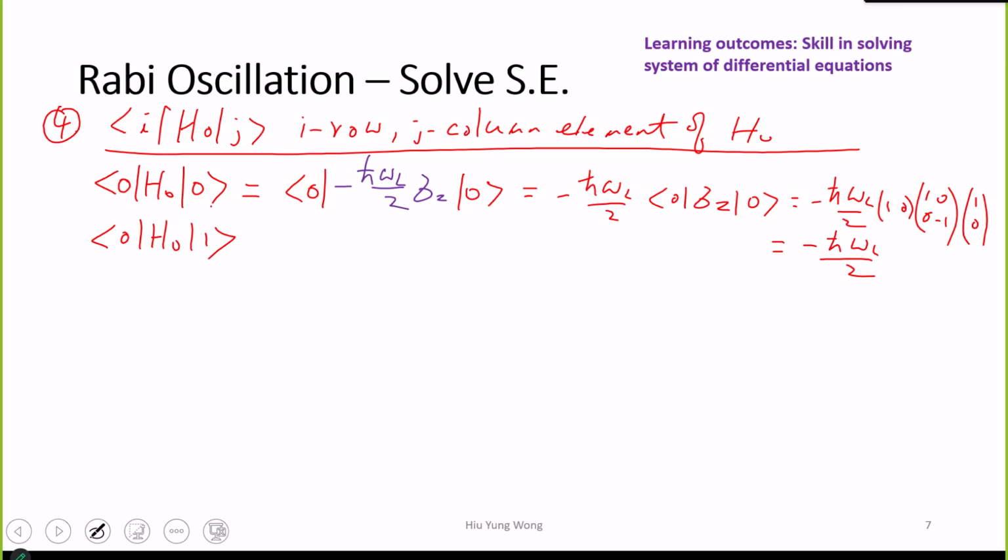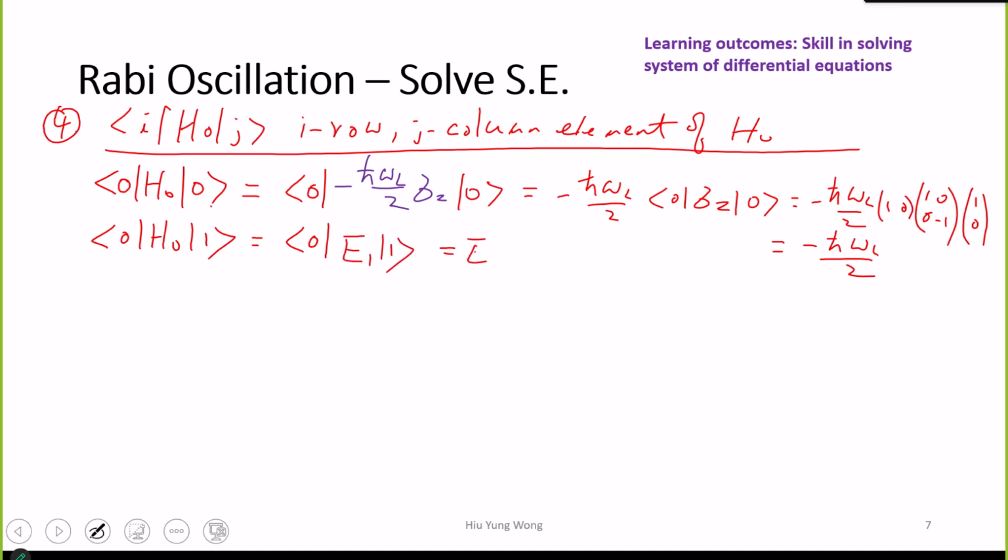Oh, someone say 0. Why? Yeah, very good. Say H0 does not change the vector because |1⟩ is the eigenvector of H0, right? So you will get H0|1⟩ equals E1|1⟩, because it's the eigenvector.